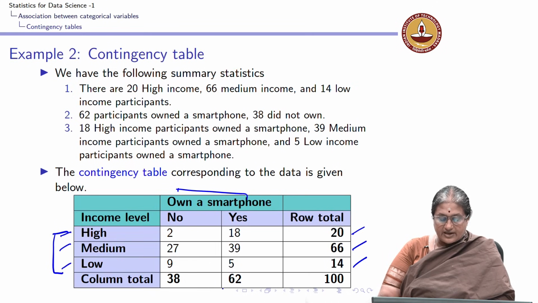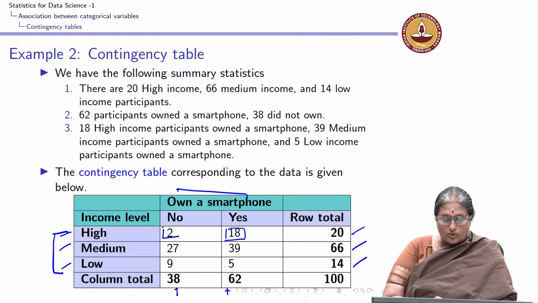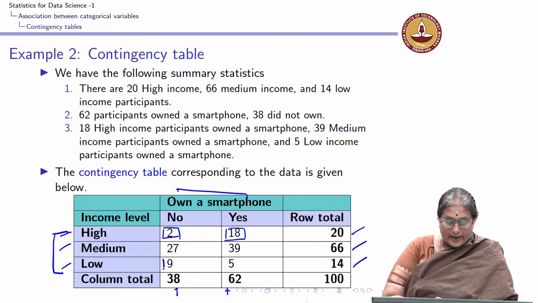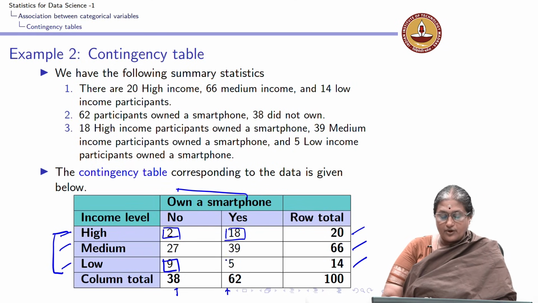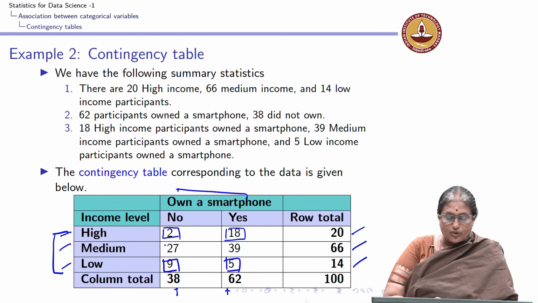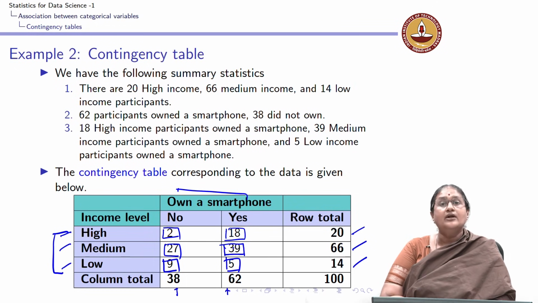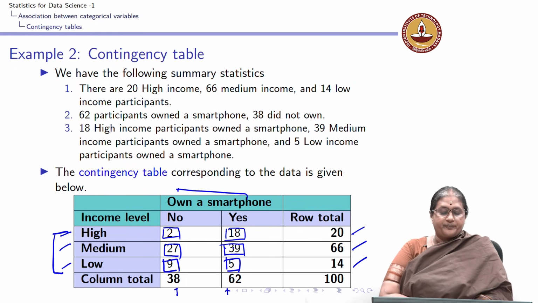Out of these 100, 62 own a phone, 38 do not own a phone. Among the high income 20 people, 18 own a phone, 2 do not own a phone. Among the 14 low income group, 9 do not have a phone, 5 have a phone. Among the 66, I have 27 who do not own a phone and 39 who own a phone.